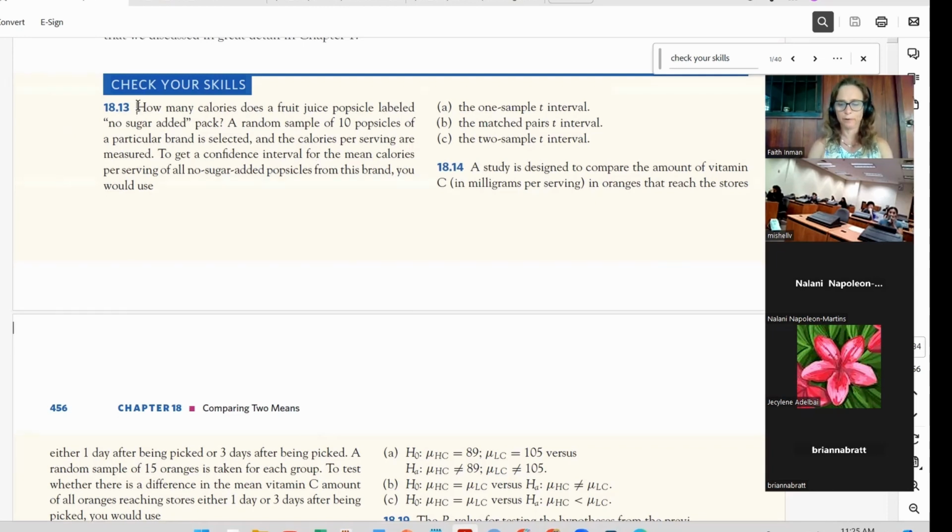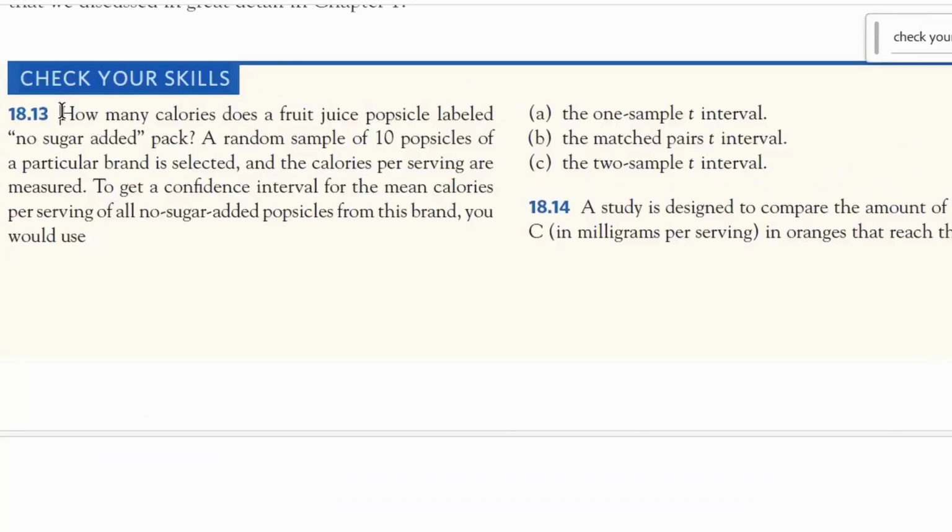Here's one that talks about food. We like food. How many calories does a fruit juice popsicle labeled no sugar added pack? It doesn't have sugar. How many calories could it possibly have? A random sample of 10 popsicles of a particular brand is selected and the calories per serving are measured. Calories per serving. We've done that before.